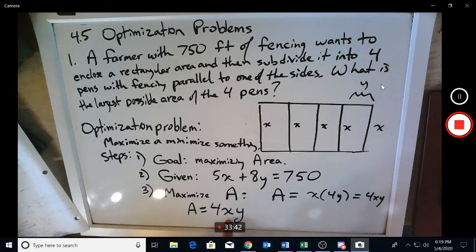Area is 4 times x times y. It has one output variable and two input variables. We have never dealt with two input variables.